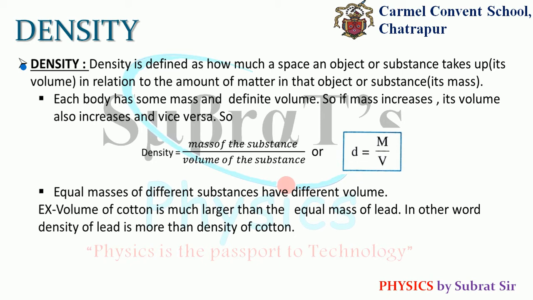In other words, the density of lead is more than the density of cotton. So in this example we can learn that equal masses of different substances have different volumes. Although the mass of lead and cotton are equal, the volume of cotton is very much more.